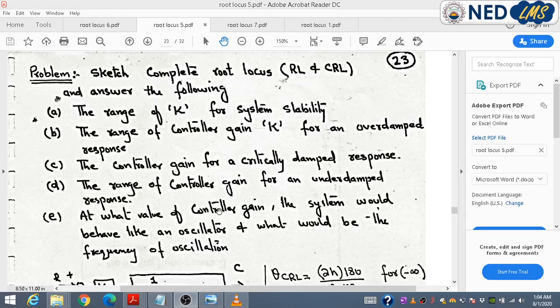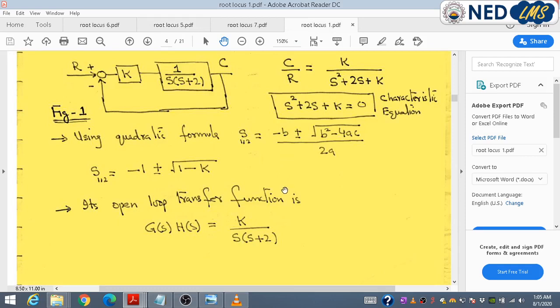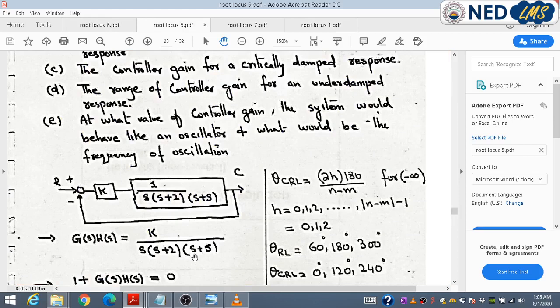Here is another problem, and here we can see that the open loop transfer function of the given system is k upon s into s plus 2 into s plus 5. Once again, if we compare this open loop transfer function with the first problem, in which we had two poles, one at s equal to 0 and the other at s equal to -2, in this case we have inserted one more pole in order to observe the dynamics of the system.